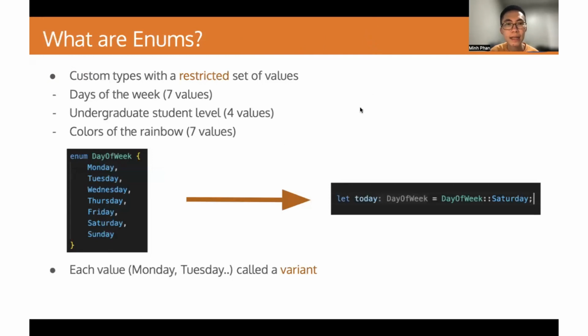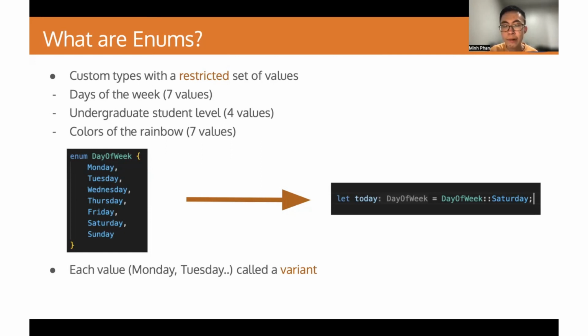So what are enums? They are basically custom types with a restricted set of values, as we saw from earlier. These can be used to represent days of the week, so 7 values, or undergraduate student level with 4 values, or colors of the rainbow with 7 values. Here you can see an example of an enum. We have enum DayOfWeek with 7 possible values, Monday to Sunday.